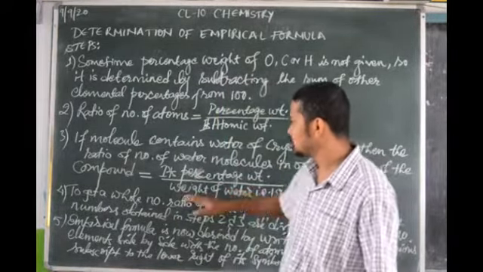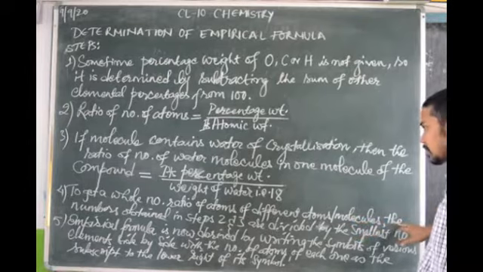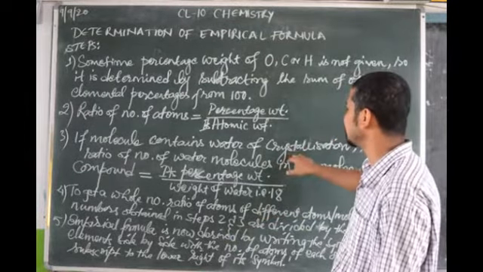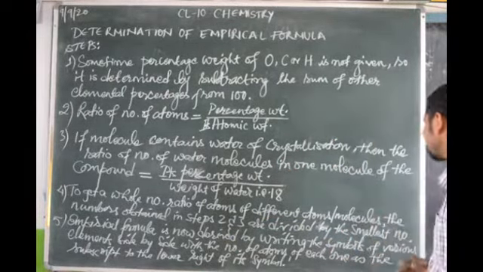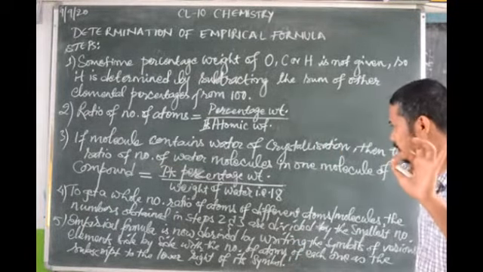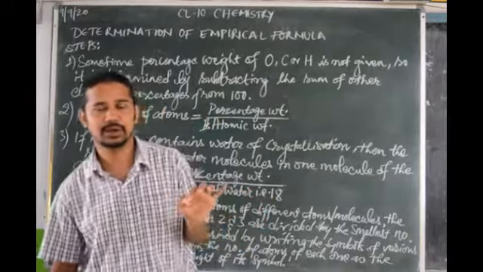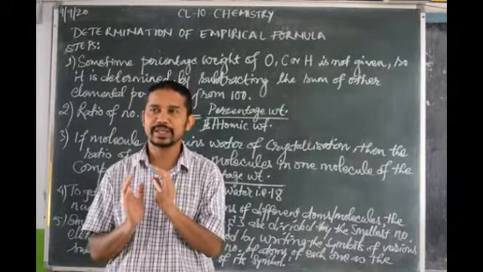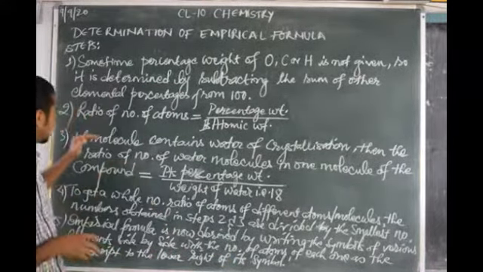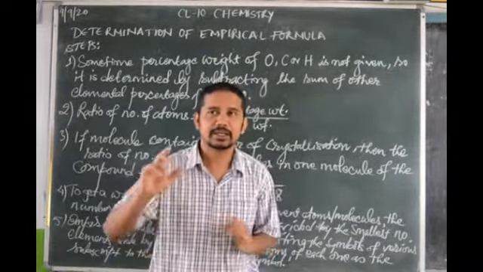Then, to get a whole number ratio of atoms or water molecules, the numbers obtained in steps 2 and 3 are divided by the smallest number, so that we get whole numbers.